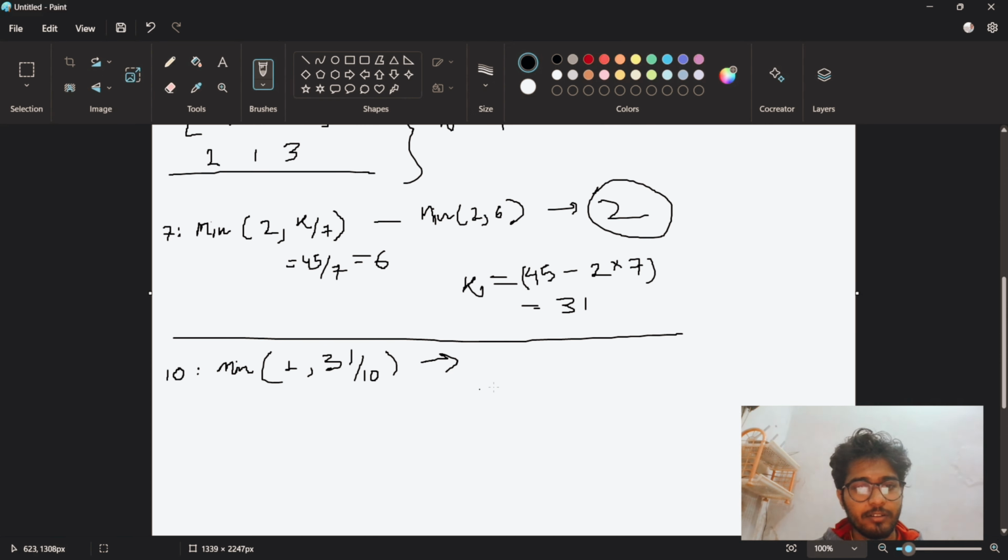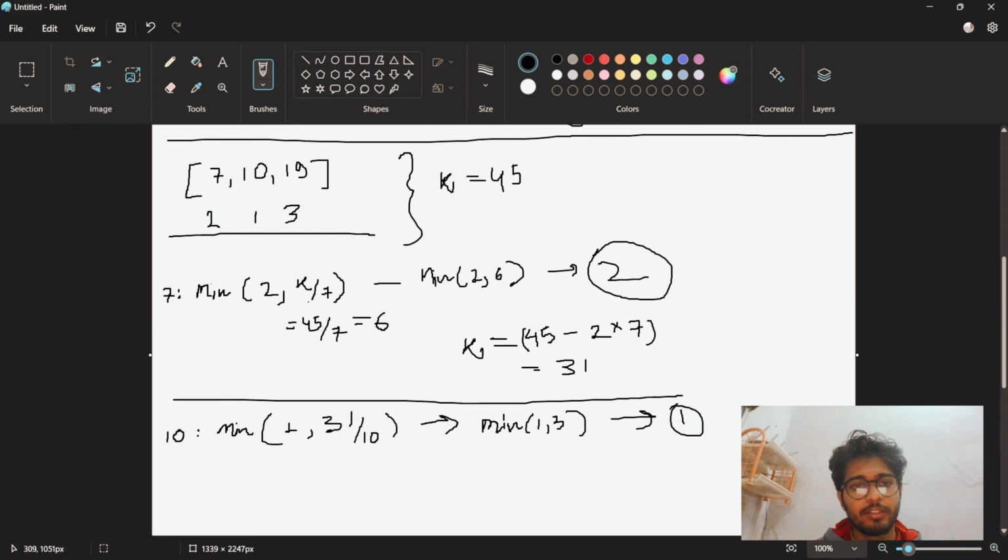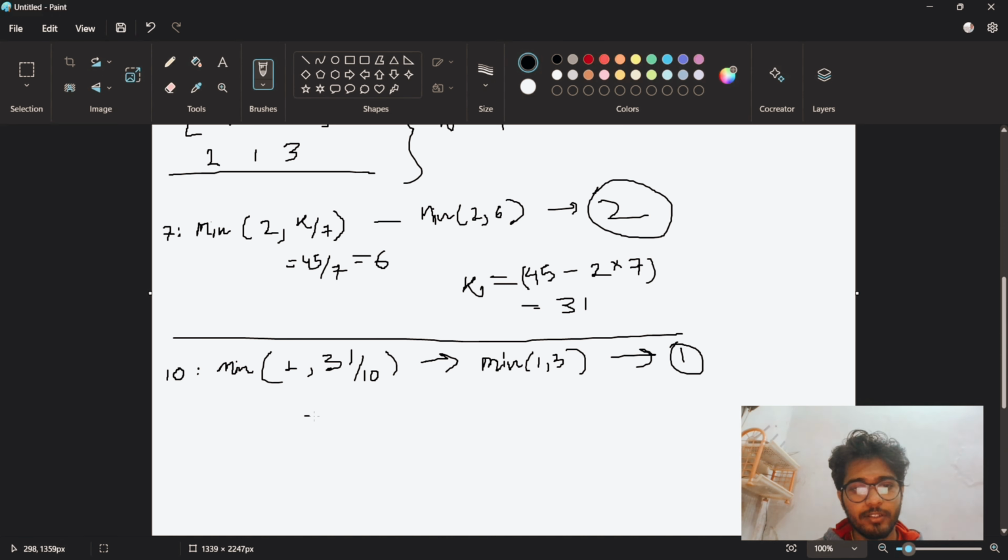So it will return the minimum between 1 and 3, which is 1. So the customer can buy one stock of 10 rupees on the first day. After buying, the remaining balance will be 31 minus 10 into the number of stocks, that is 21.